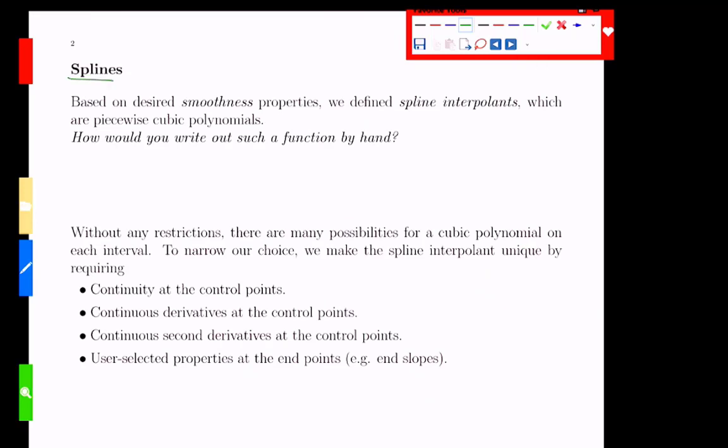All right. Our next approach was to use something we called splines, and these are piecewise cubics. So still in the polynomial family, but we're going to join them together. We're not going to use one single cubic for the whole thing.